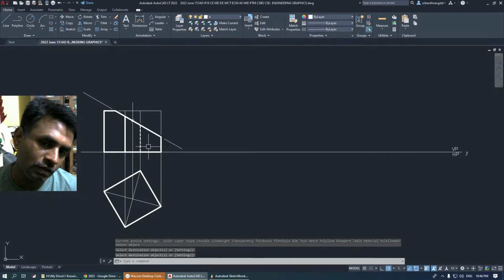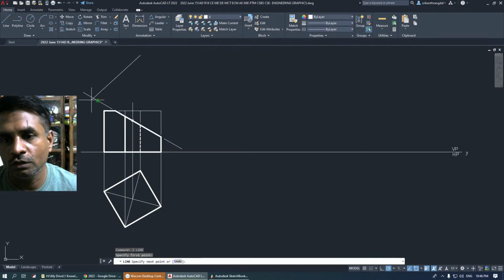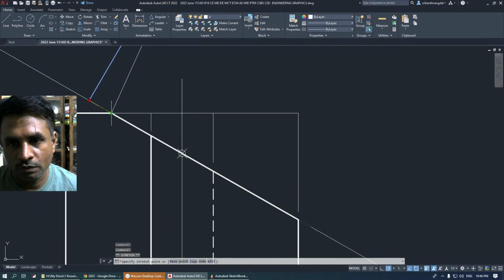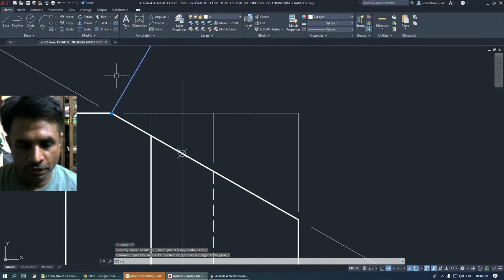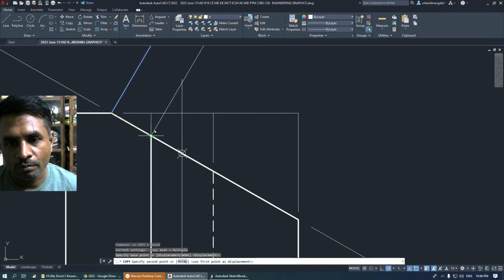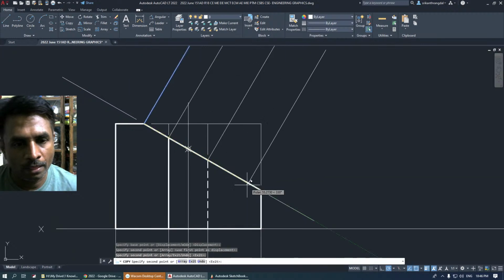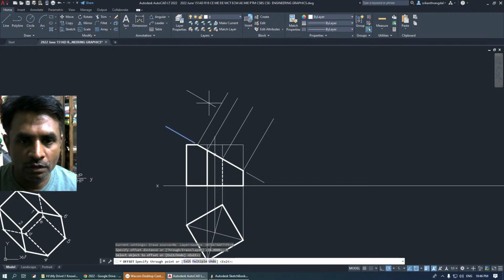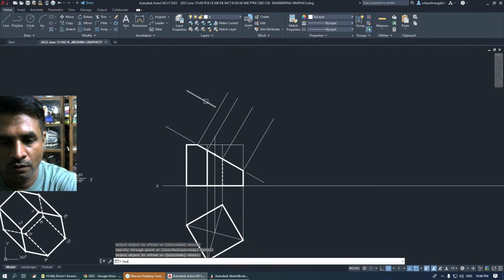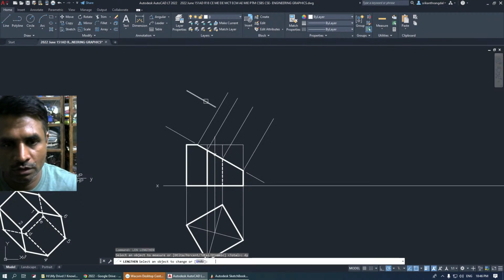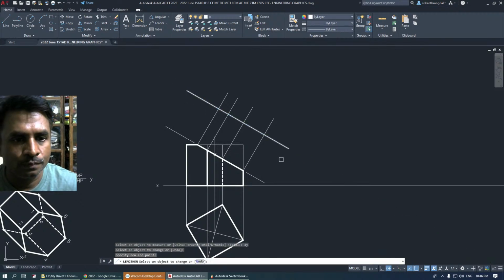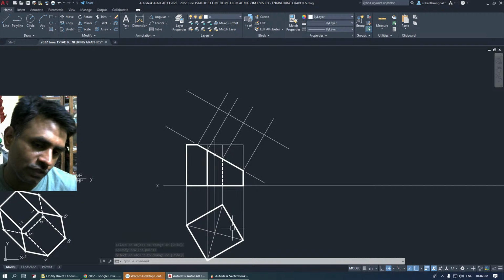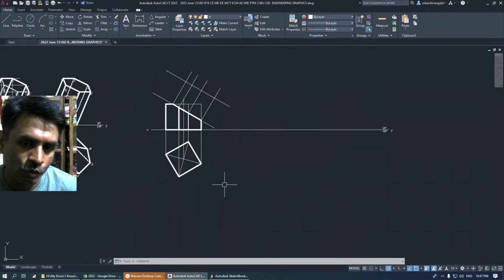So for this, we need to draw perpendicular lines for these points, take this, this, and then from this point I need to mark the same lengths as your top.